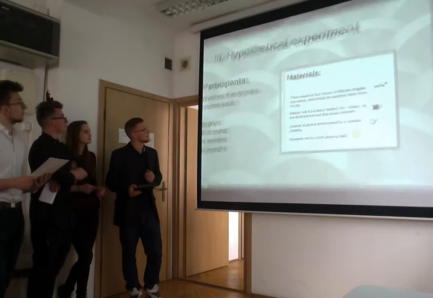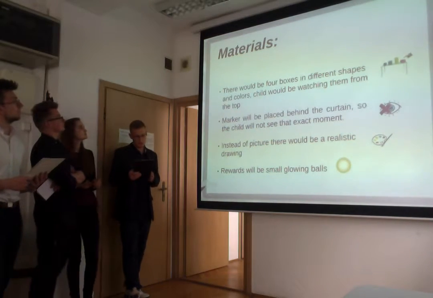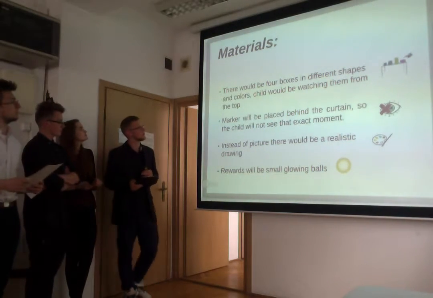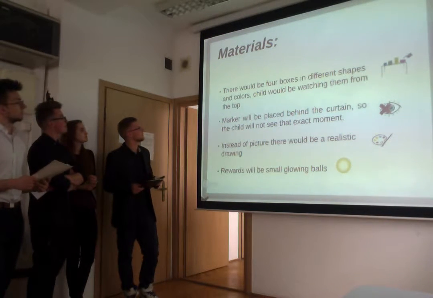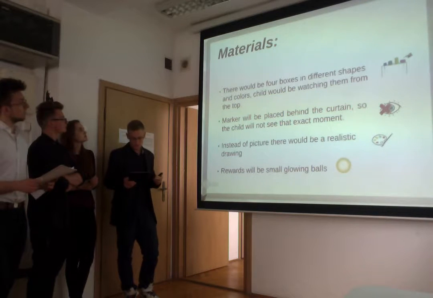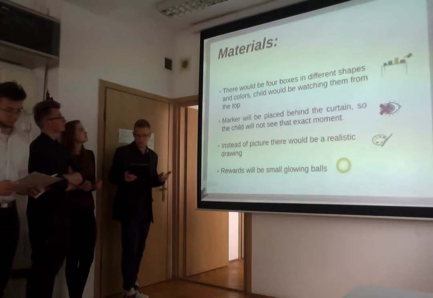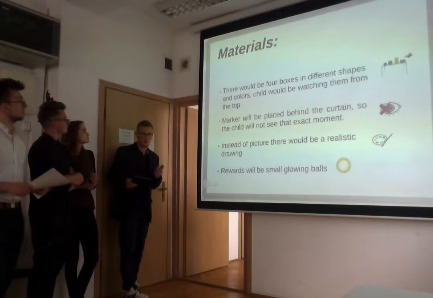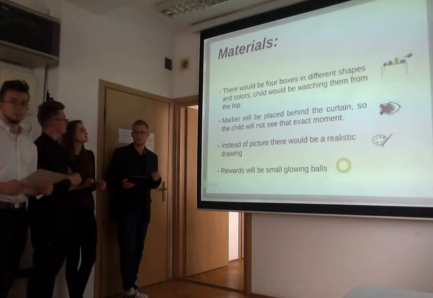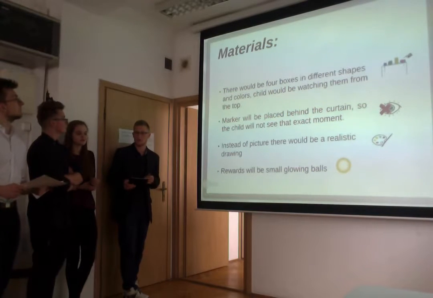The material we used is similar to the original study, but there would be 4 boxes in different shapes and colors, and the child would be watching them from the top, so to say, so that it could see the front and a little bit of the upper surface of it.